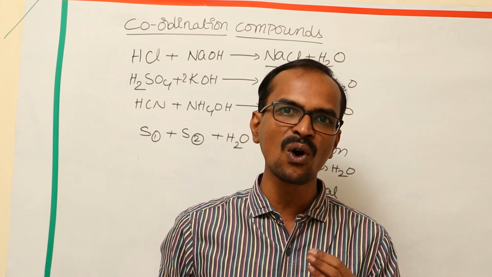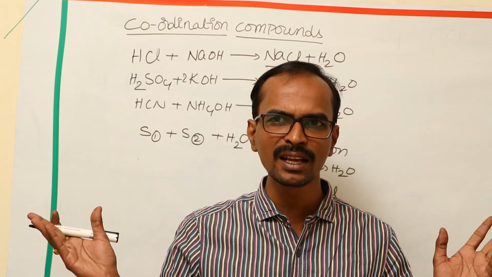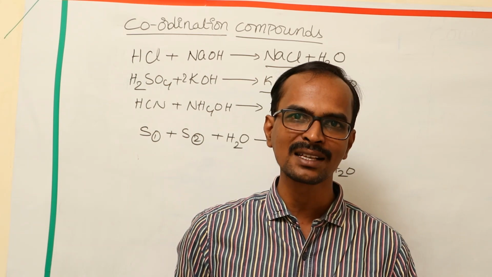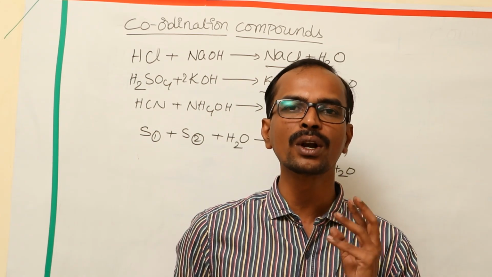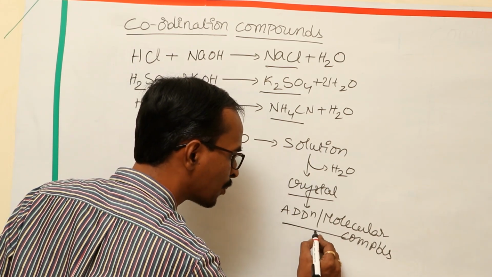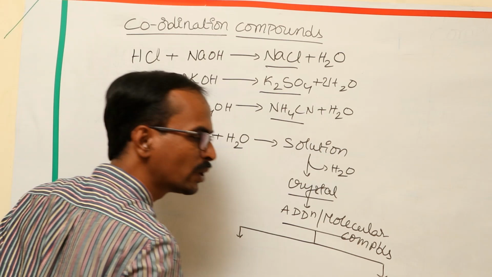The addition compounds or molecular compounds formed like this are broadly classified into two different categories. They are called double salts and coordination compounds. These molecular or addition compounds are classified into how many types? Two different types.